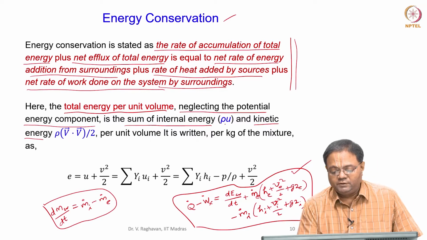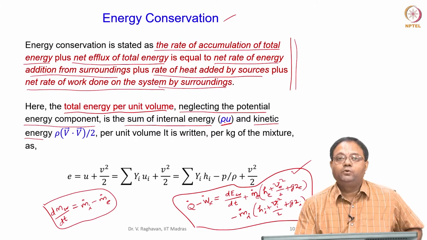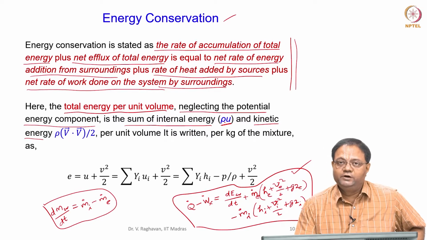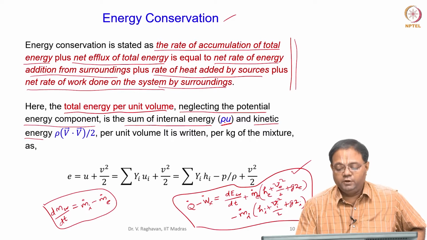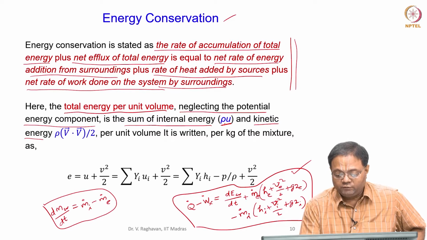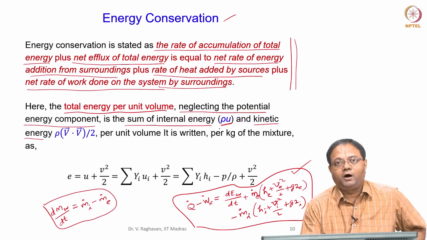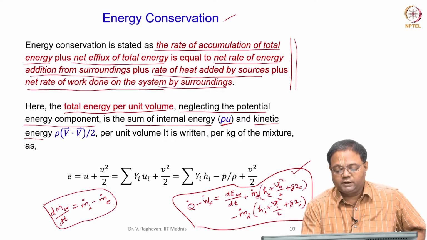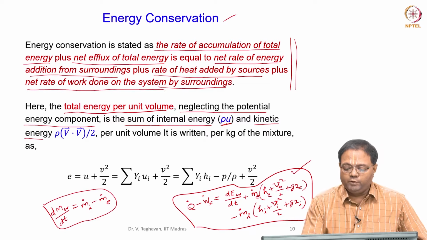Please see, if you multiply rho, the density, by volume, that will be the mass, and into the specific internal energy, small u, rho u into V will be the mass into internal energy, that is the total internal energy. So, per unit volume it will be rho u.